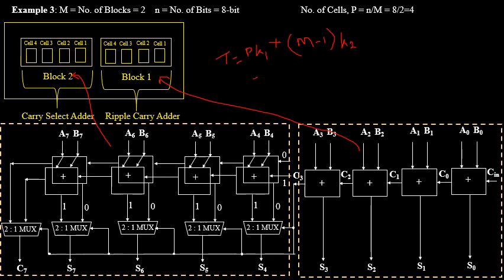So P is the number of cells. So number of cells we got as equal to 4 here, into K1 plus number of blocks we have as 2. So 2 minus 1, it is equal to 1 into K2. So this will be the total computation time.